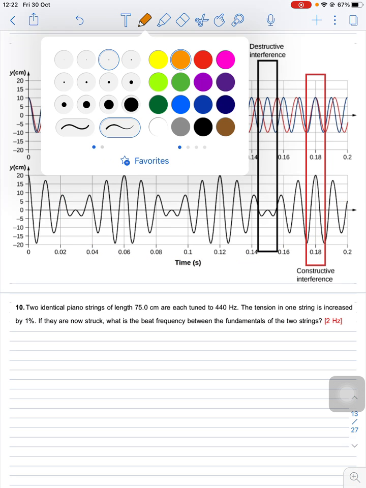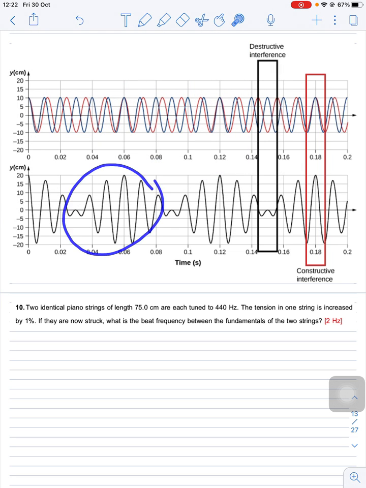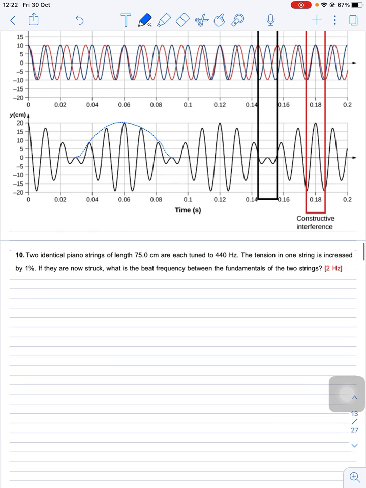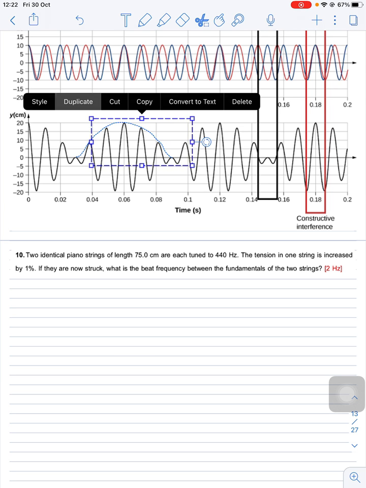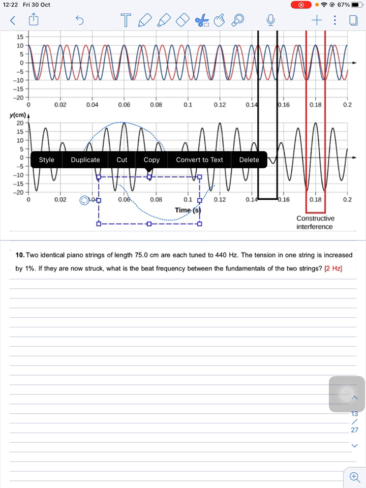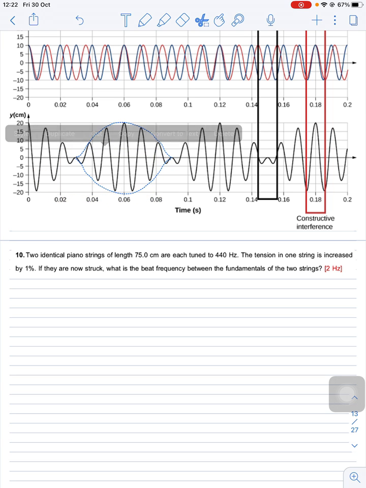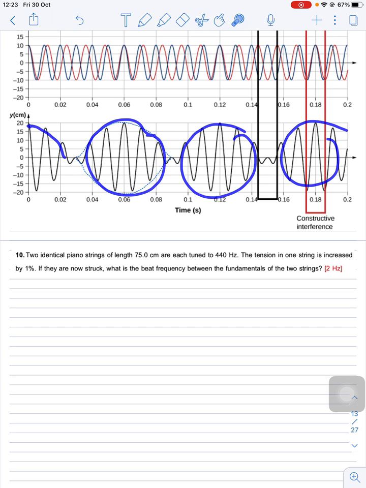One thing I want to say is, let's consider the one loop here. You can see that it looks like the envelope for each group here.